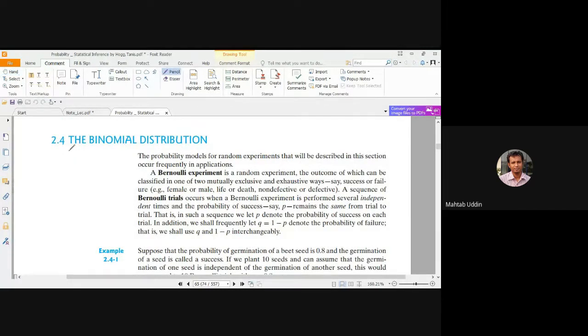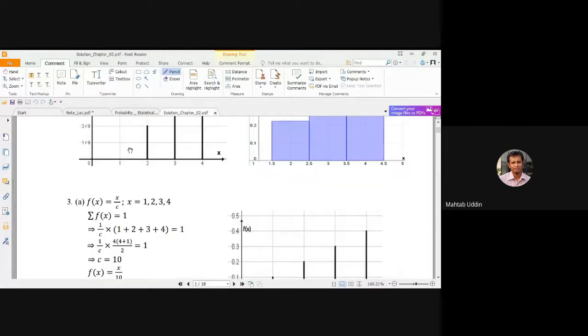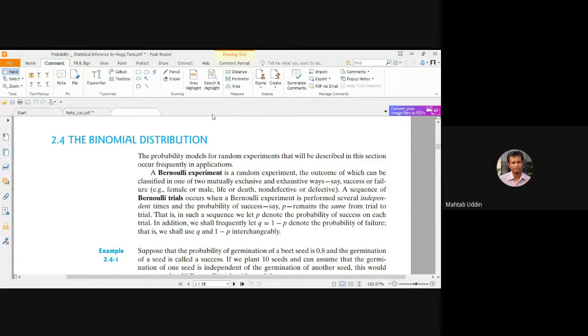Now, what is the binomial distribution? This is a burning question. There are two types of outcomes in your hand.